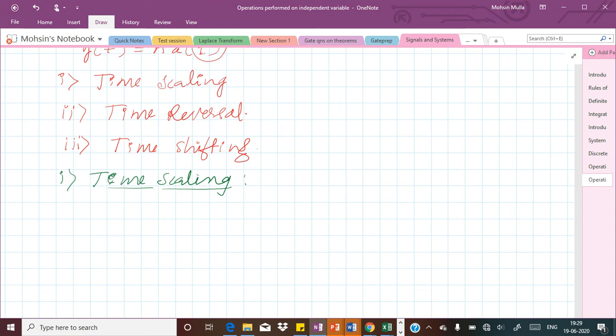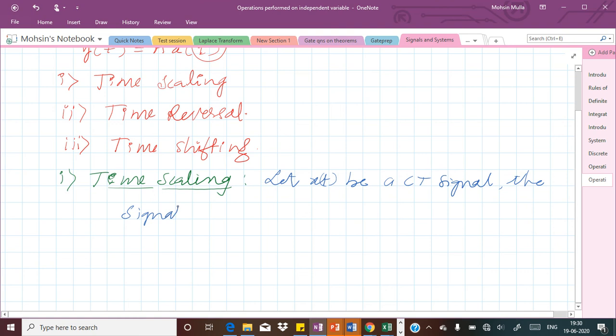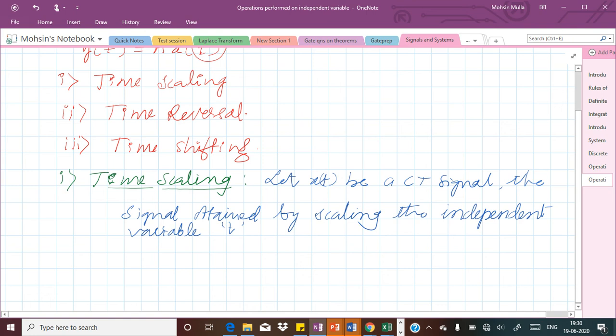For that, let us take a signal. Let x of t be a CT signal, and the signal obtained by scaling the independent variable t by a factor a is given by y of t.